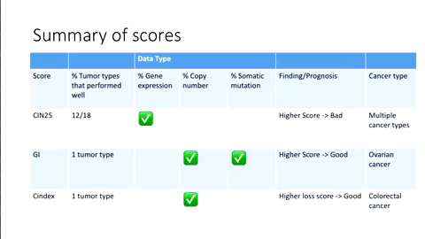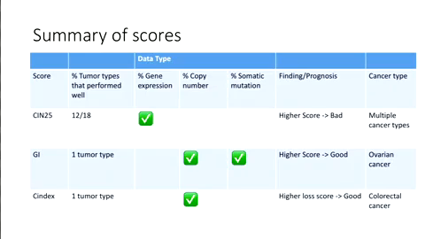So this is the summary of the scores that I talked about. The CIN25 basically performed well for 12 out of the 18 data sets, and they used the gene expression data only. Their finding was that a higher CIN score was associated with a worse prognosis, and this was tested in multiple cancer types. And then the GI score was tested for one tumor type, and they used both copy number and somatic mutation.